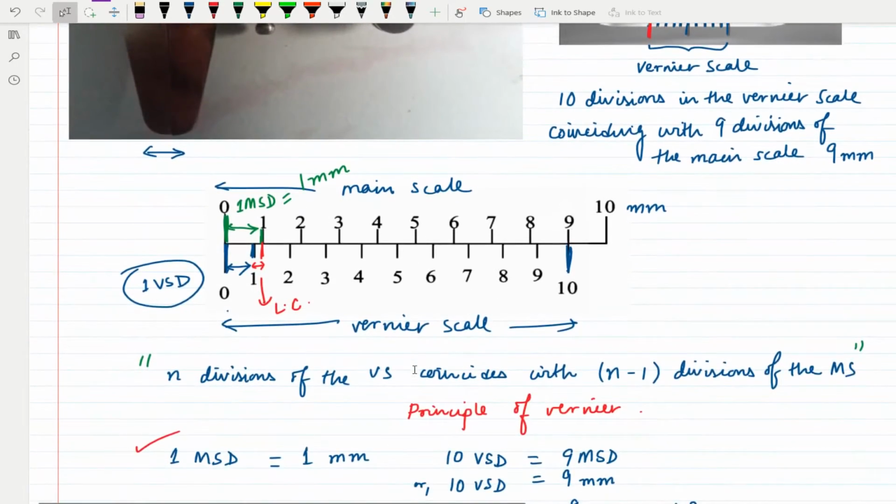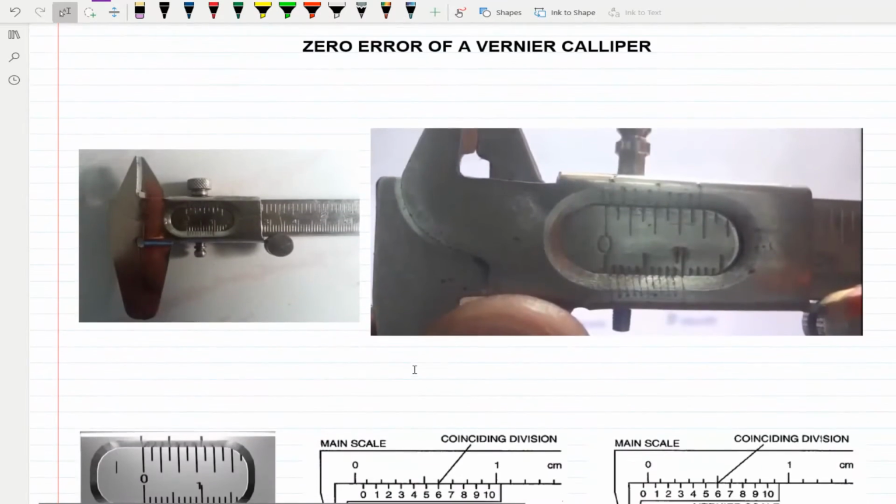But due to constant usage, it may happen that, as you can see in this second image which is here, this is the zero of the main scale, but the zero of the vernier scale is lying somewhere here, so they are not coinciding.